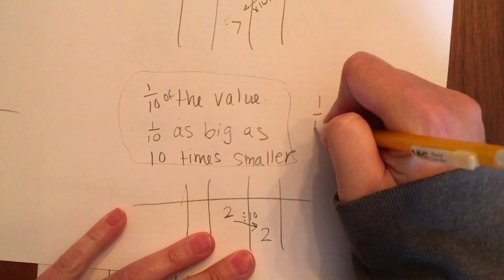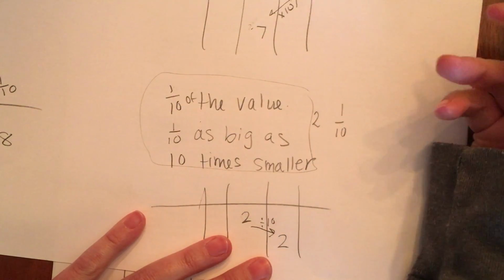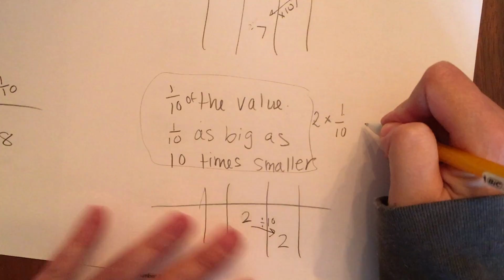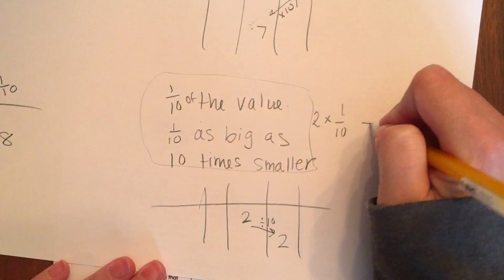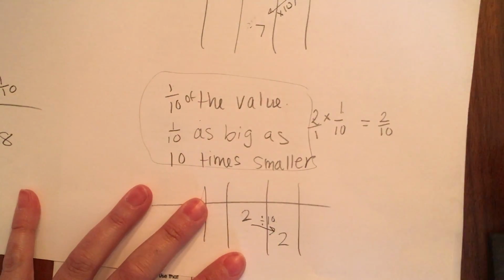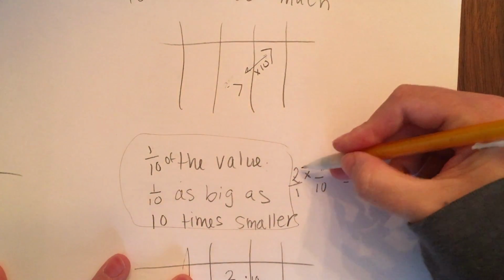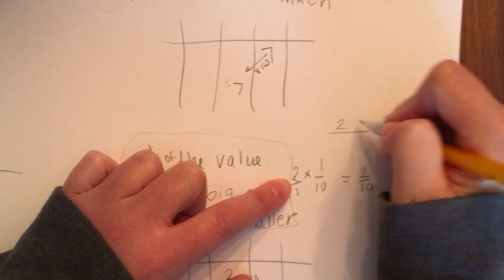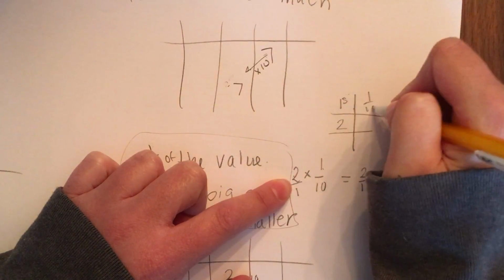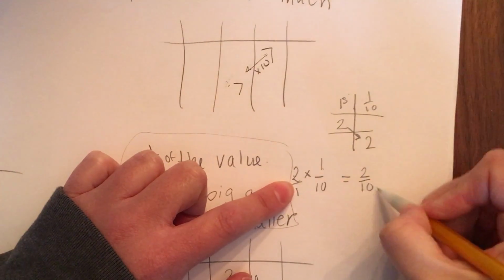And we know that if we're going to take 1/10 of something, like maybe we're going to take 1/10 of 2, we know my answer is going to be 2/10, right? Which would be a 2 in the tenths place. So this idea that maybe I start with a 2 in the ones place, when I take 1/10 of, I end up with a 2 in the tenths place, 2/10.